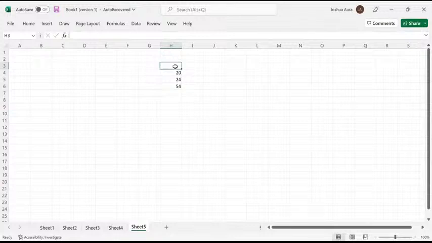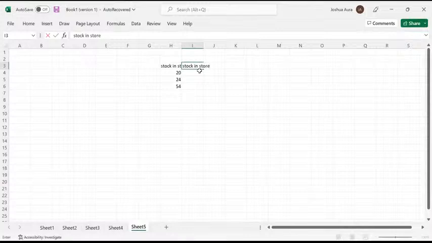This could be our stocks in store 1. Then we have stocks in store Z, doesn't matter really. So what we have here could be something like 34, 45, 78.